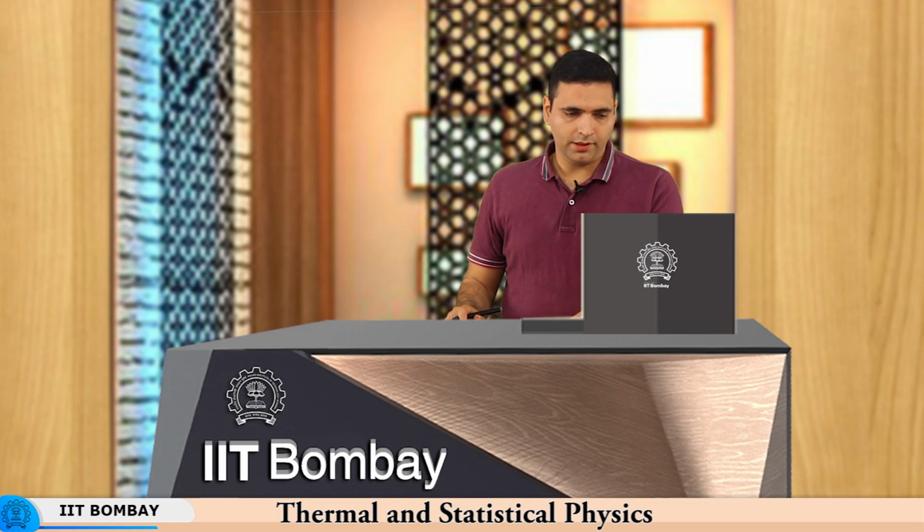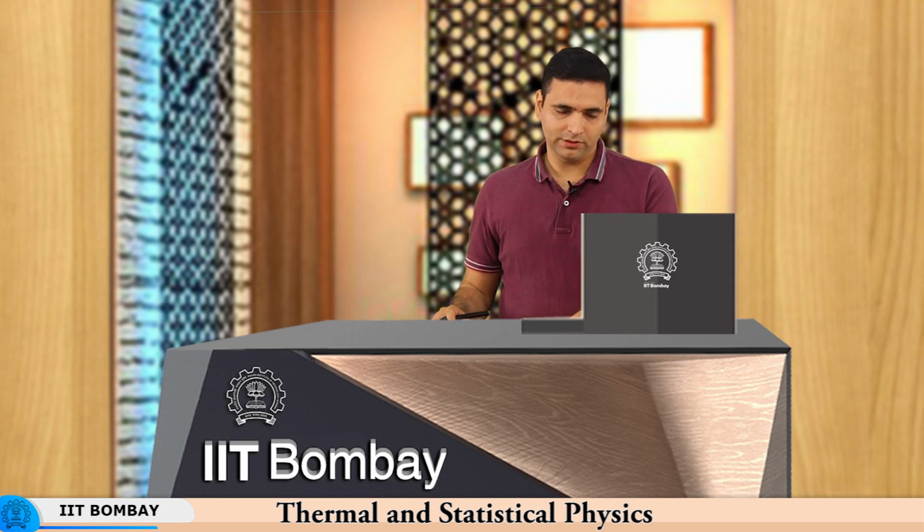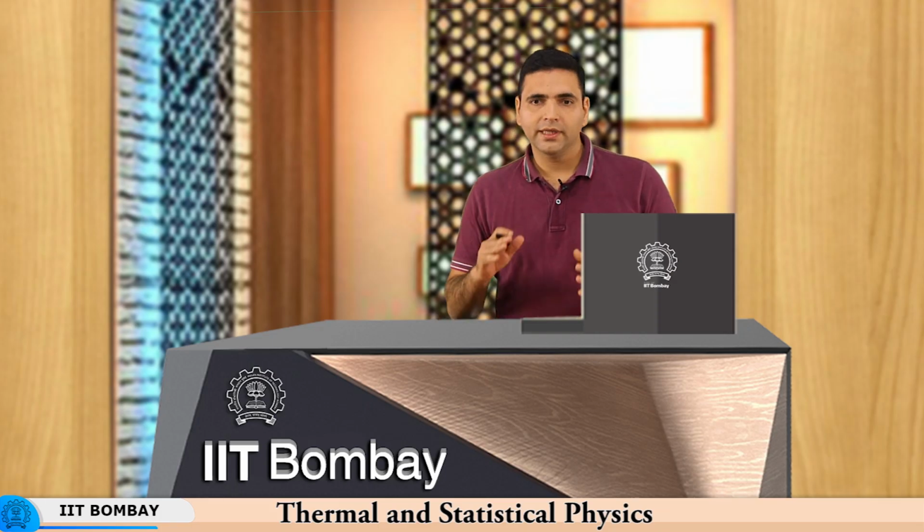We just saw that we can express this entropy S as Kb, the Boltzmann constant, times log of the number of microstates. Now, I want you to think about it.